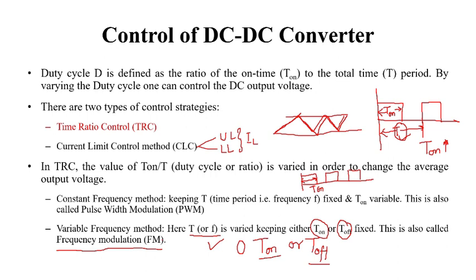If the T on timing is variable, that means I am varying the width of the pulses. In the variable frequency method, the frequency is variable, keeping T on or T off fixed. This is the method which I also call frequency modulation.